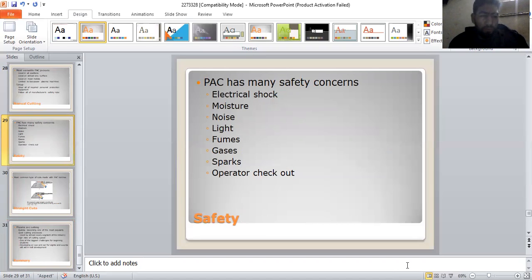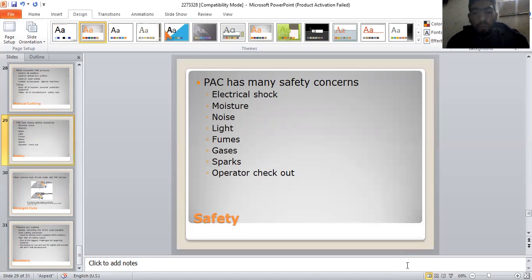There are the following safety concerns at the end of the presentation. Plasma arc cutting has many safety concerns. First of all, there is electric shock, so we need to be very careful while using this process. We need to be careful of moisture, and of the noise it creates.